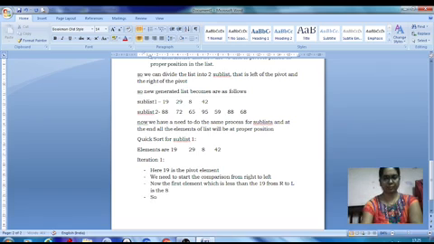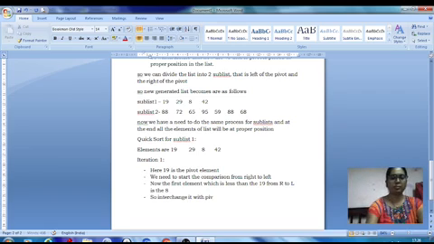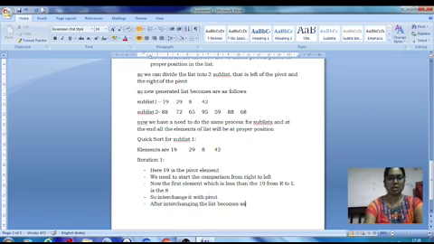So interchange it with the pivot. Okay, so after interchanging, the list becomes as 8, then 29, then 19, then 42.